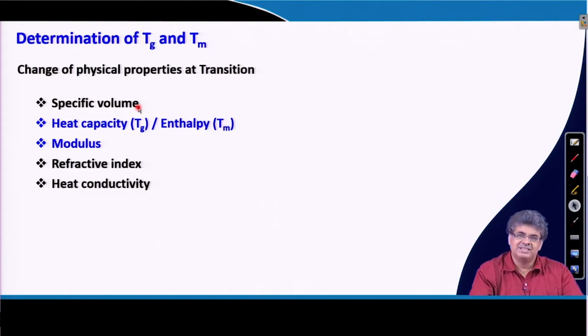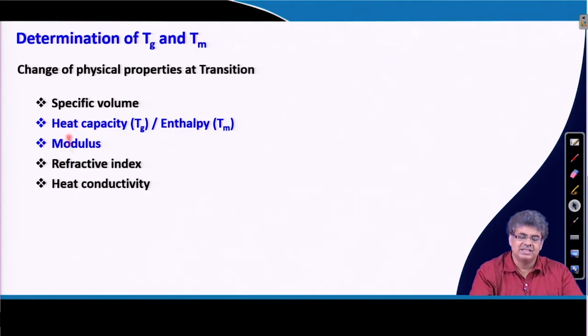Specific volume or density also changes, modulus or mechanical properties change, refractive index changes discontinuously, and heat conductivity changes. So we can follow any of these properties as a function of temperature to determine the glass transition temperature and melting point.